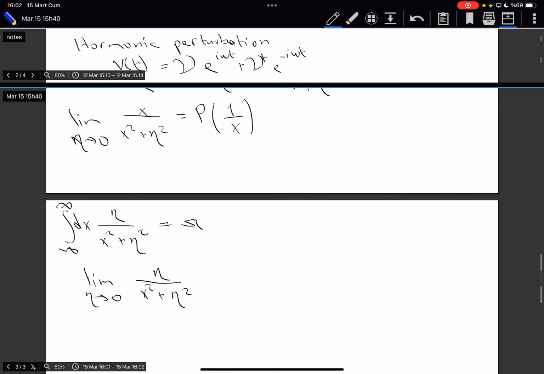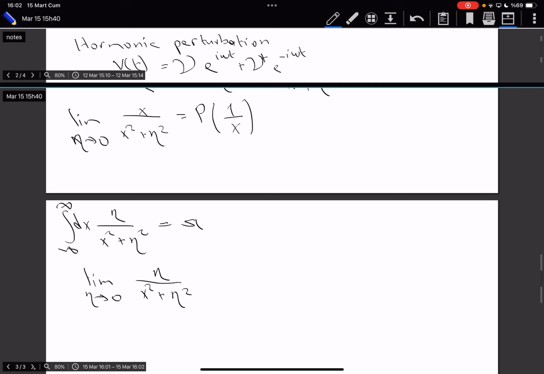If x is not 0, this function is 0. If x is 0, that function diverges. That's kind of the property of the Dirac delta. But we also know that the integral of that function is just pi, independent of eta. Even in the limit as eta goes to 0, the integral should remain as pi.